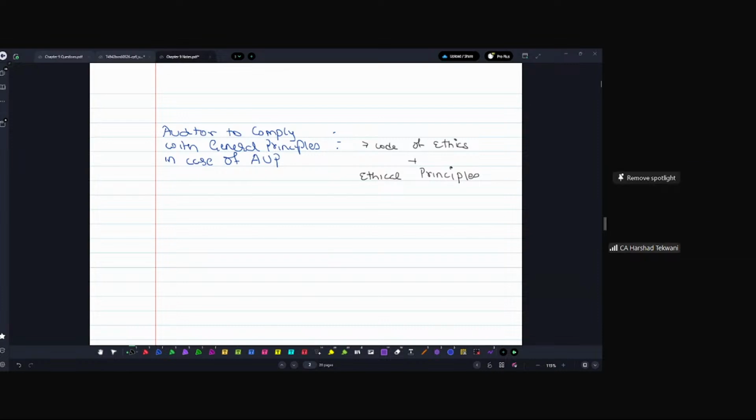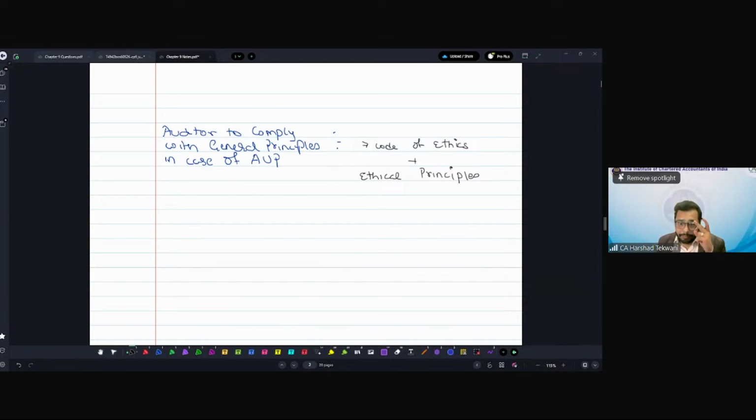Yes, very good. So ethical principles like your integrity, your objectivity, professional competency, and due care, then confidentiality, then professional conduct, and technical standards.